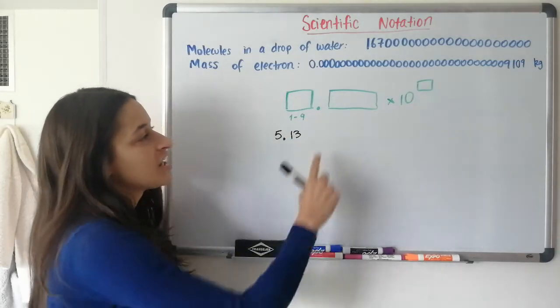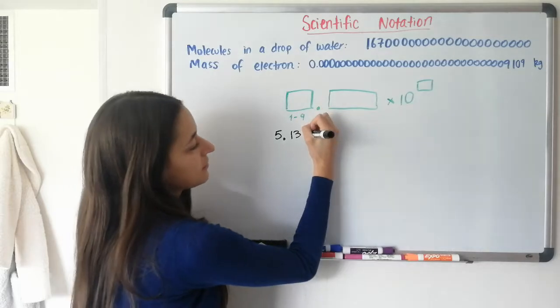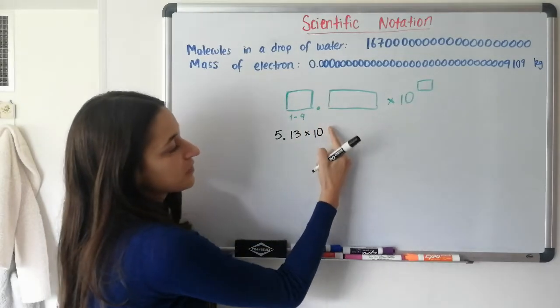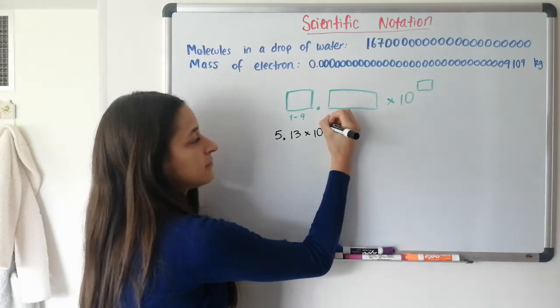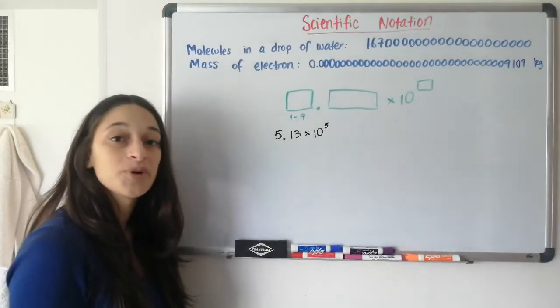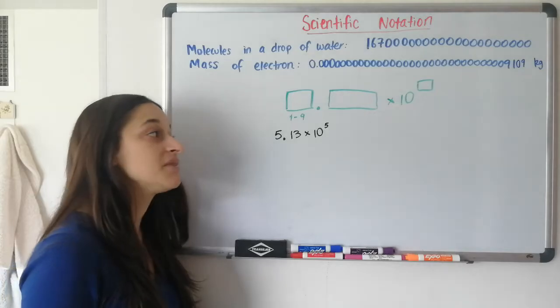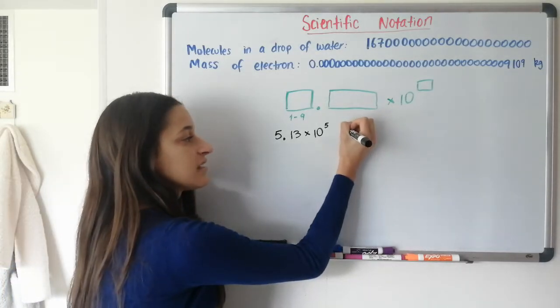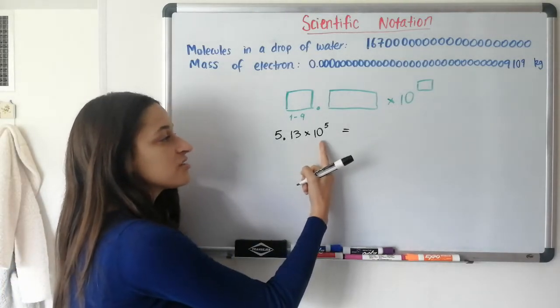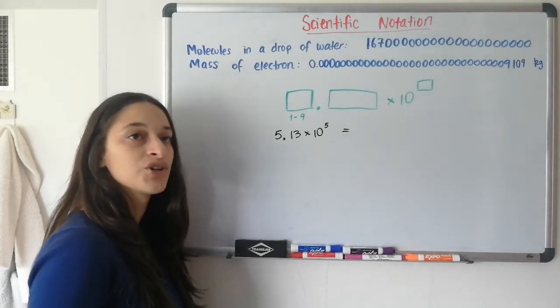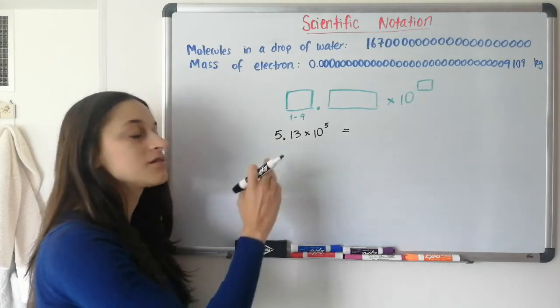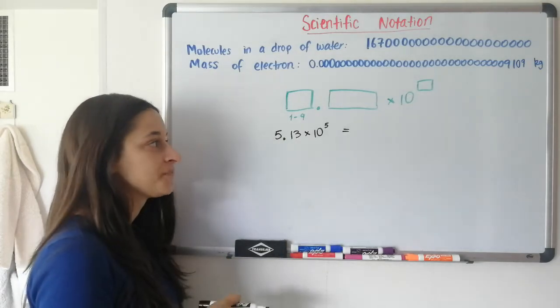And then you put times 10 to the, and in the exponent, a number. So let's say again 5. This is a number in scientific notation, but what does it mean? What it means is that this 10 to the power of 5 tells you how many times you're going to move this decimal point to make the number bigger or smaller.